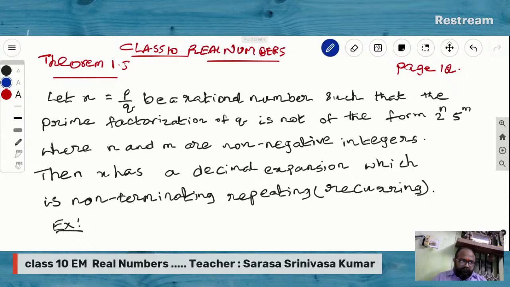Example: 1 by 7 equal to 0.142857142857 and so on.